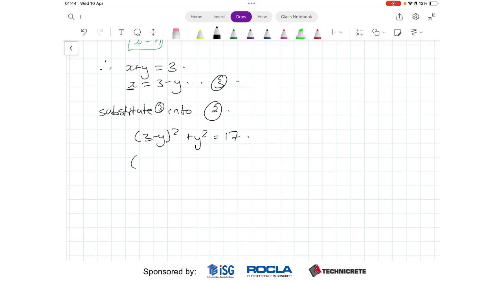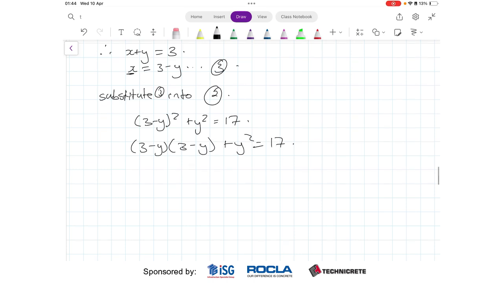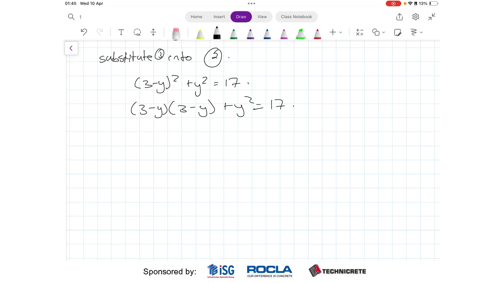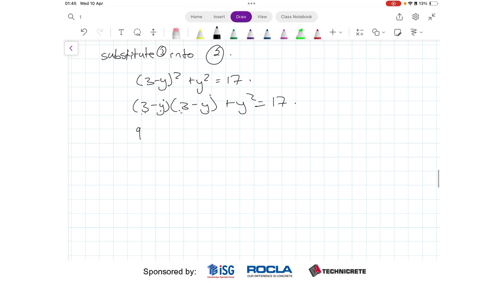From here, we expand our brackets, 3 minus y squared, plus y squared equal to 17. This gives us, remember, the FOIL method: first, outer, inner, then last. So that's going to give us 9 minus 3y minus 3y plus y squared is equal to 17.